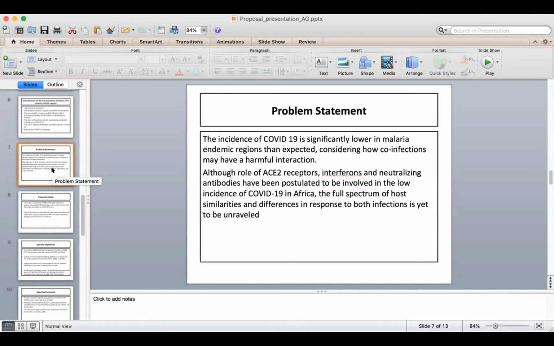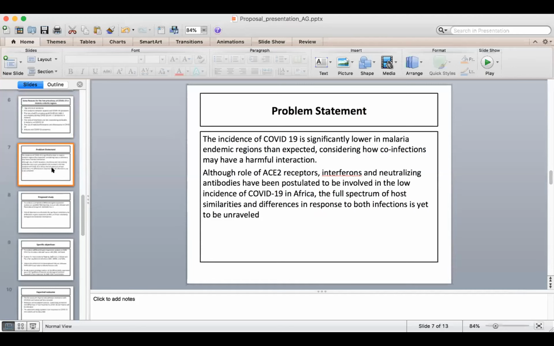So the problem that I think we have to unravel is the fact that even though we have significantly lower COVID-19 in malaria endemic regions, we're expecting co-infections to be more harmful.